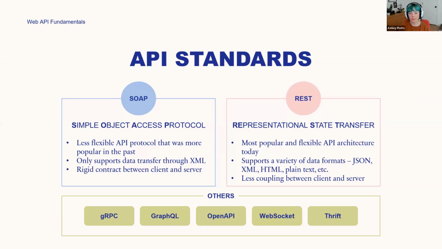And then there's WebSocket, which has a lower overhead per message than other standards because it only uses HTTP to establish a connection. And then there's a single connection for data exchange. It's really good for quick back and forths, whereas with REST and SOAP and everything, a new connection is opened for each request.